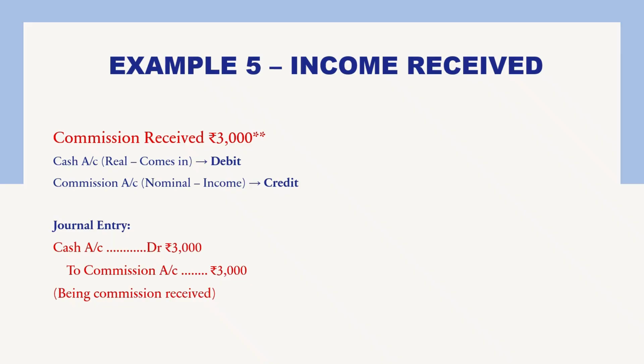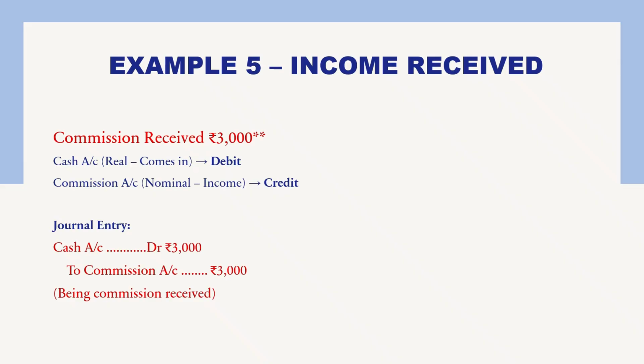So the transaction will be cash account debit 3,000 to commission account 3,000. Being commission received will be our narration. So this is how you are going to journalize your entries.